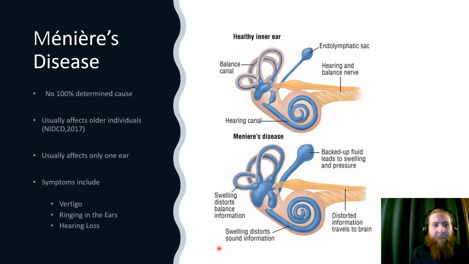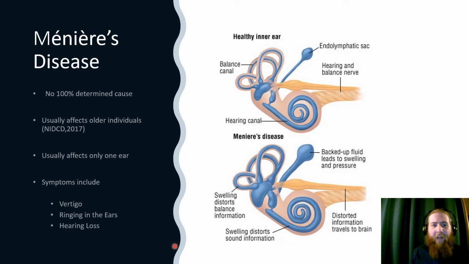And what happens is inside of this vestibular apparatus, you have swelling because of backed up endolymph. You have a fluid imbalance, you have swelling and extra pressure in the head. Because of this, you're getting distorted information from these semicircular canals, from these otoliths, and it also affects your ability to hear.